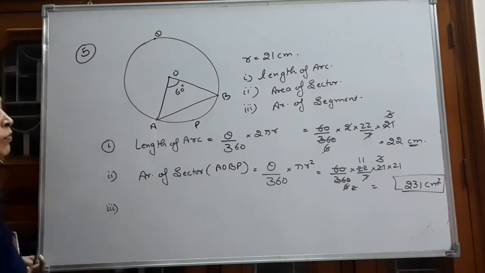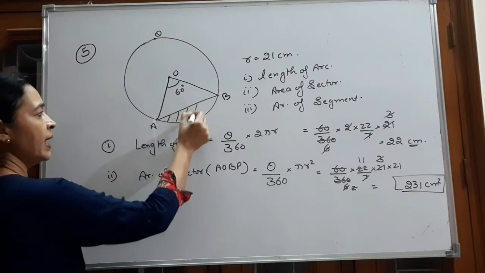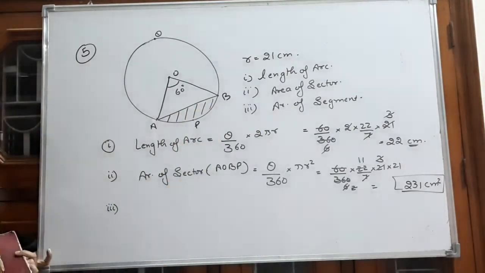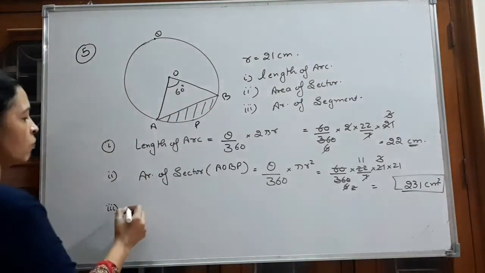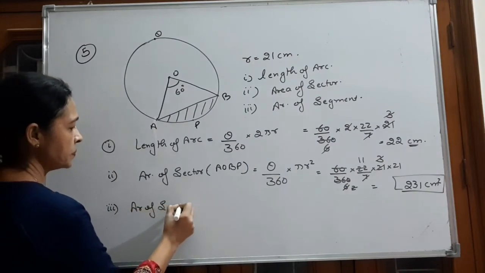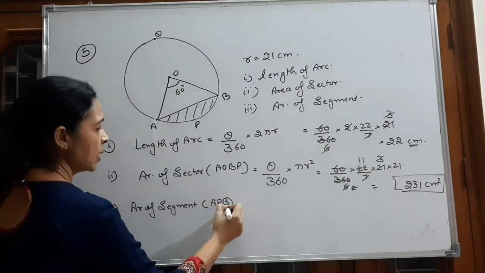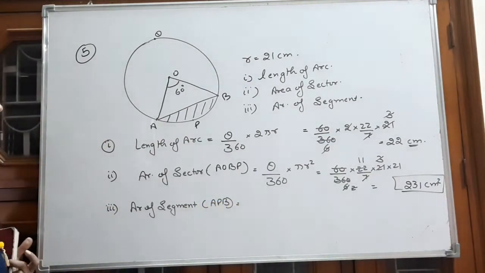Third, what do we have to find? The area of the segment. Which segment? APB. We have to find the area of this segment. What will be the area of segment APB? How can we find it?